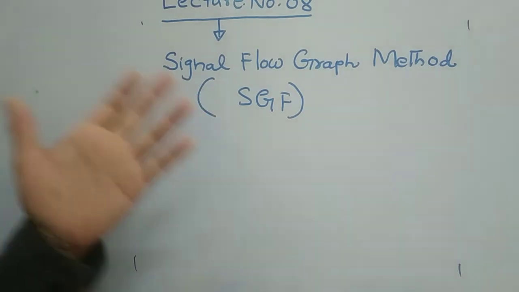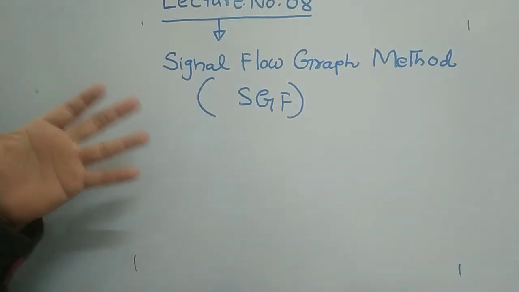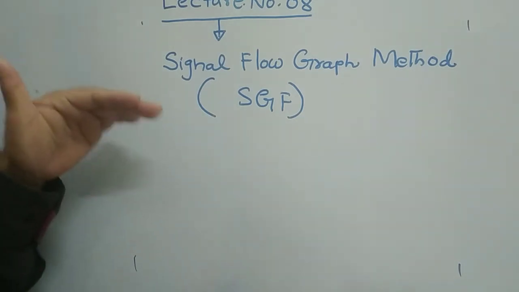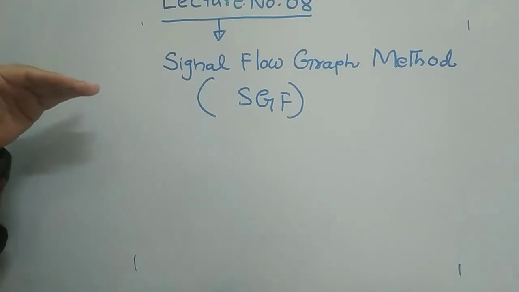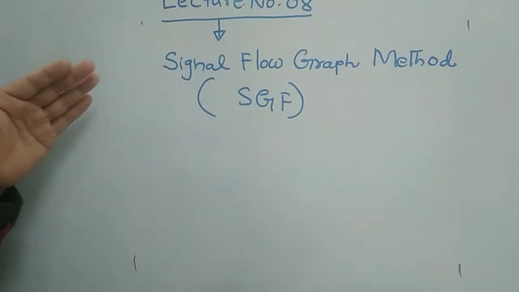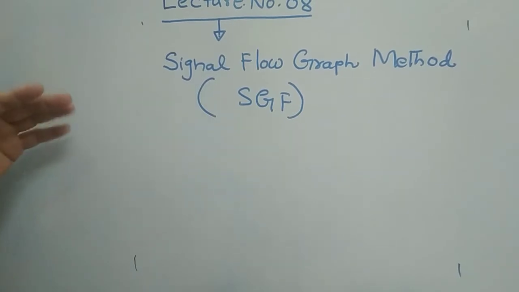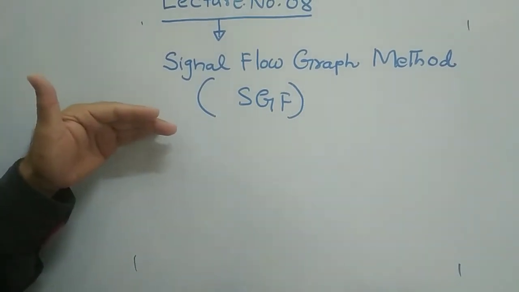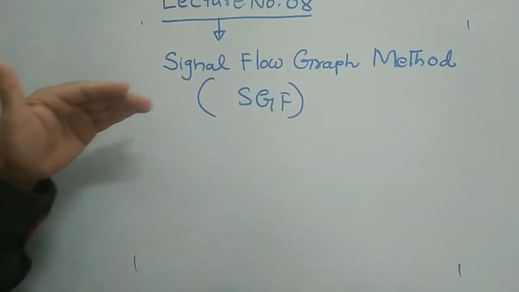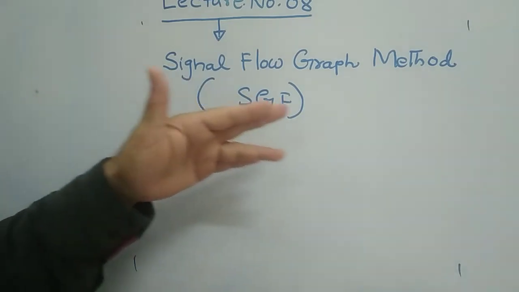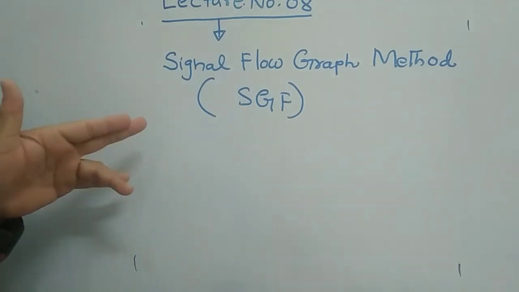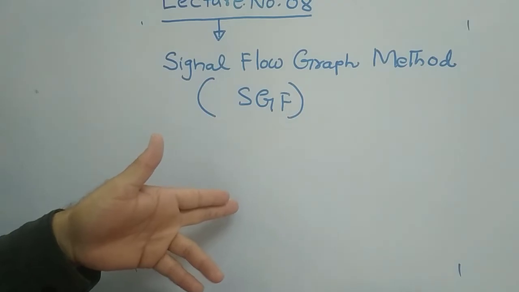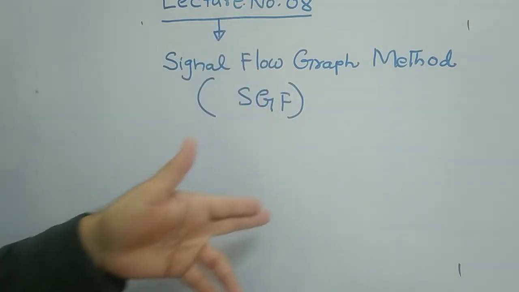Signal flow graph describes the flow of the signal. Here the signal could be the input signal, as we have seen in our last presentations, that is our R of S. Other than R of S we have one more signal, a feedback signal, where we take a portion of the output signal and feed it back to the input.